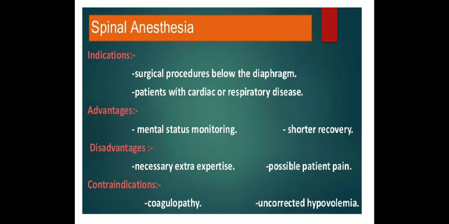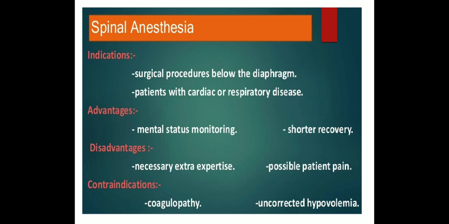The advantage of spinal anesthesia is mental status monitoring, because in spinal anesthesia the patients are conscious, so we can monitor the mental status of the patient, and the recovery is shorter. Disadvantages: it needs extra expertise of the anesthesiologist and there can be possible patient pain if the technique is faulty.